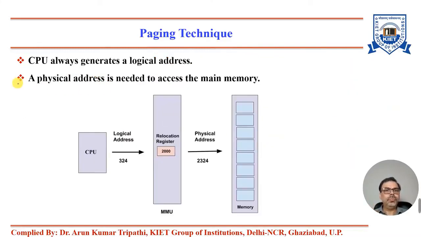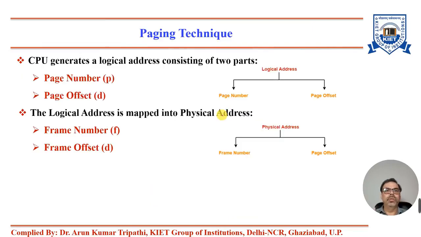Now, paging technique. As I discussed in the previous video, the CPU generates the logical address, to which a relocation register value is added, and then we can find the physical memory address.